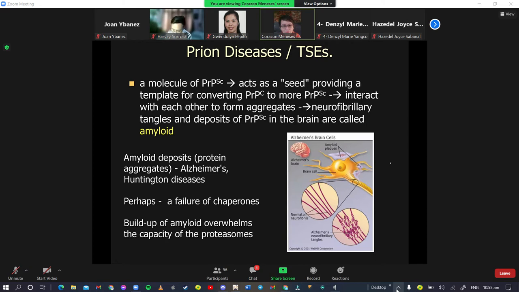This is the pathogenic abnormality seen, as well as the amyloid that can finally be detected in the individual. And this is also the amyloid deposit. These are protein aggregates that can be seen in AD, Alzheimer's disease, as well as Huntington disease. So these two are also neurological.